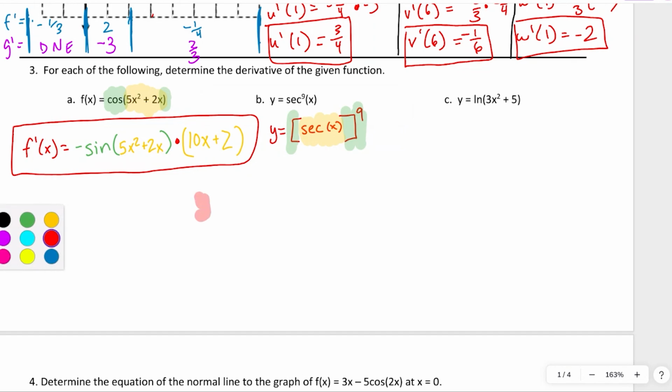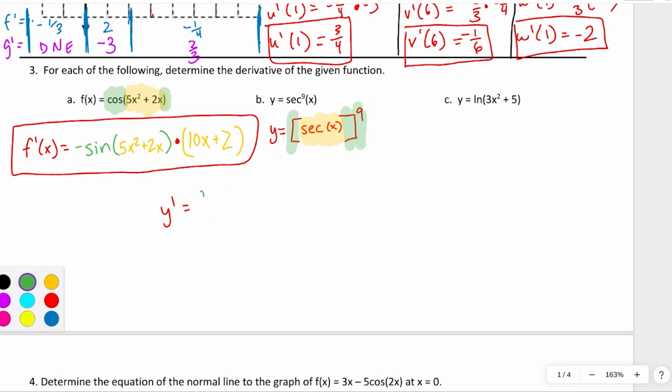So y prime is 9, using the power rule here, times that expression to the 8th power. That expression being secant x, times the derivative of secant, which is secant times tangent.